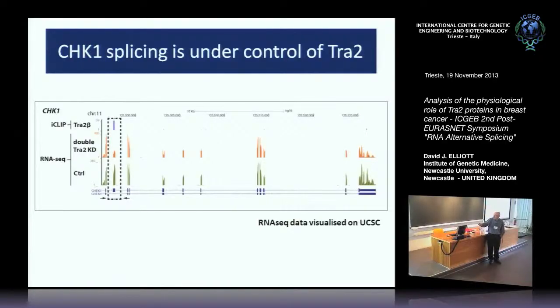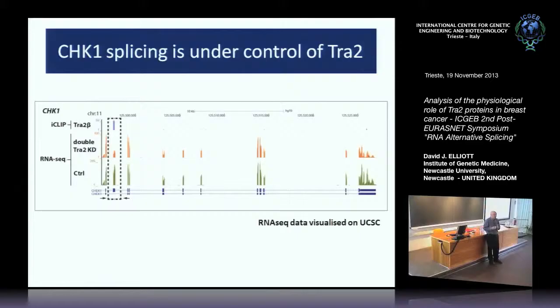And you see this exon changes when you do double knockdown of Tra2 proteins. And this is the alternative exon at the 5' end of CHEK1. And this maps to a huge density of iCLIP reads. Now, Ben was talking yesterday about the properties of alternative exons frequently being between protein domains.